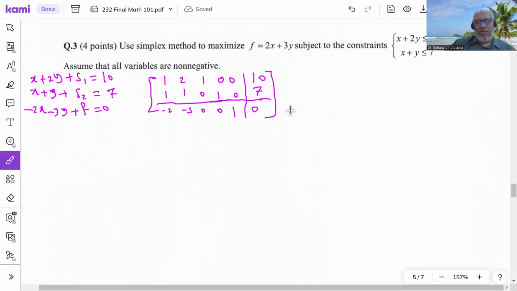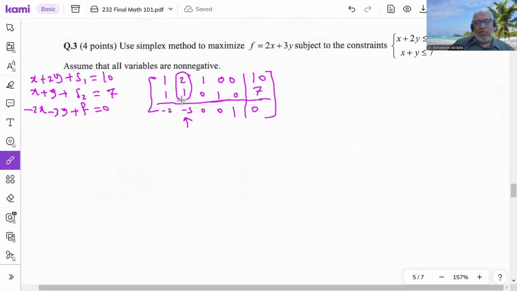Now we determine the pivot element. The pivot entry, we look here to the objective row, the last row. We look for the most negative. So -2 and -3. -3 is smaller than -2. So these two numbers, we call them the pivot column.